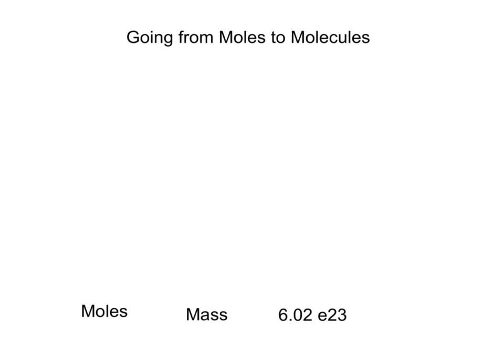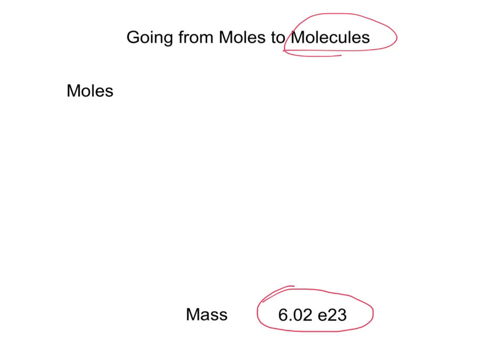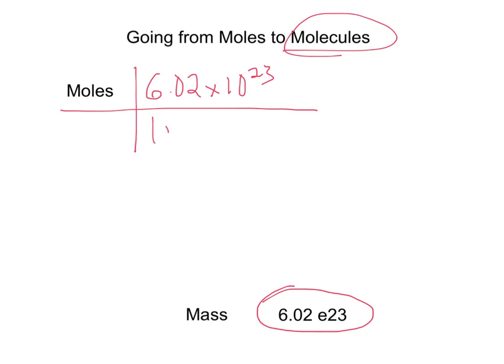Now, if I am supposed to go from moles to molecules, so now they have given me moles, but I'm supposed to go to molecules, this is the only time that I use Avogadro's number, which is 6.02 times 10 to the 23rd, because we know that in 1 mole there are 6.02 times 10 to the 23rd molecules, atoms, shoes, whatever.